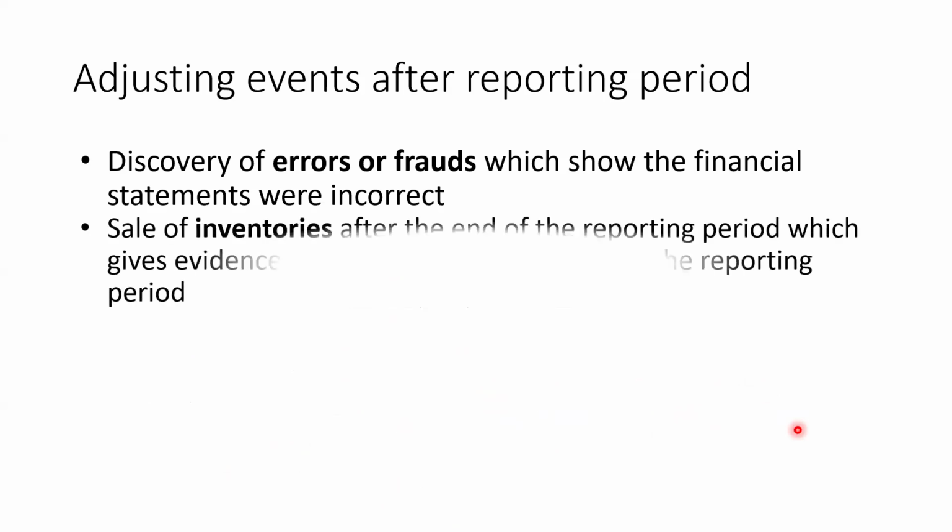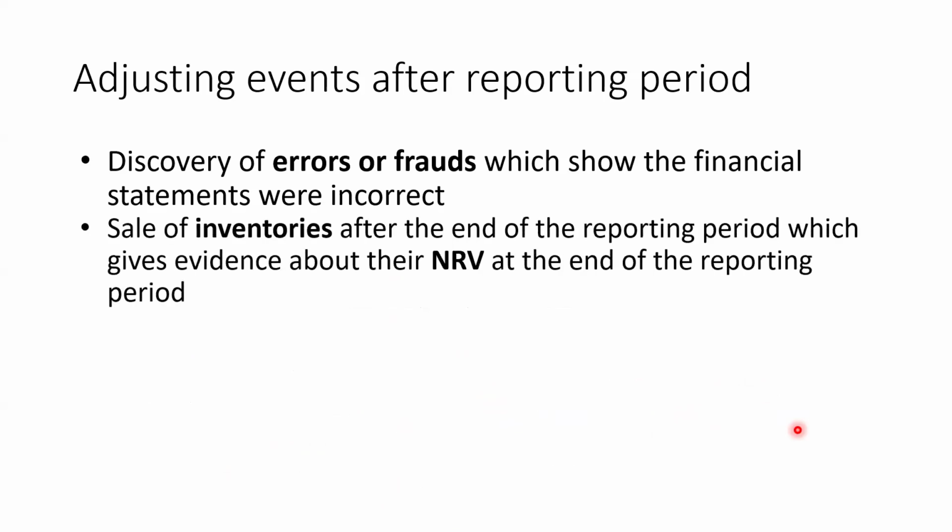Sale of inventories after the end of the reporting period, which gives evidence about their net realizable value at the end of the reporting period. We learned in IAS 2 that inventory should always be measured at the lower of cost and net realizable value. Don't know if you still remember it. So let's say you measured your inventory at cost as at the financial reporting date.